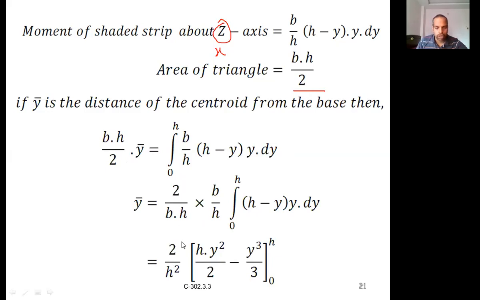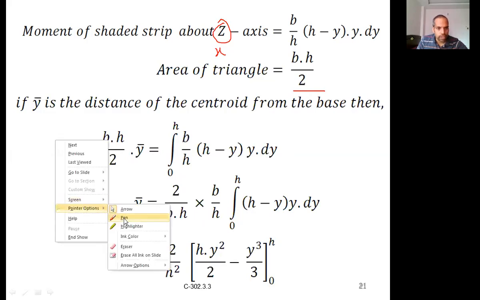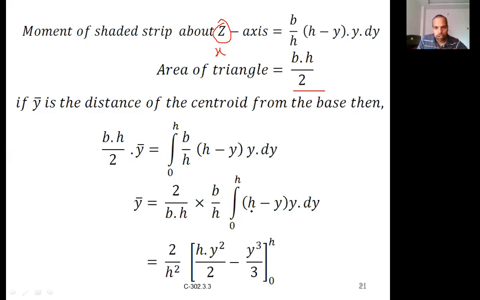One step is directly eliminated here, so I will explain it. If we bring this inside, the equation becomes the integral from 0 to h of hy minus y square into dy.